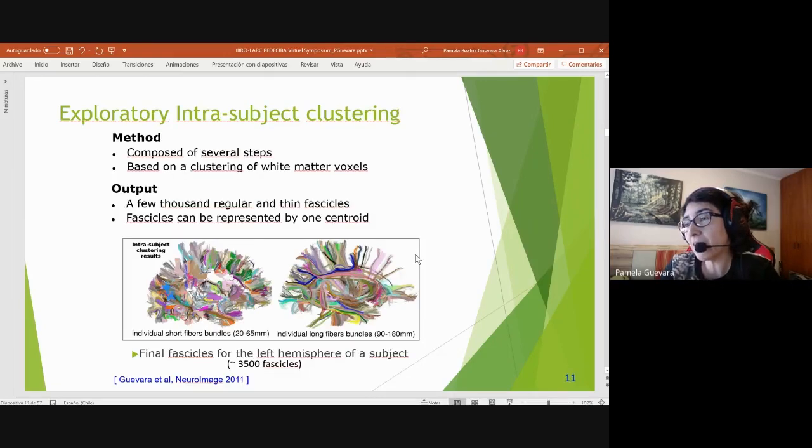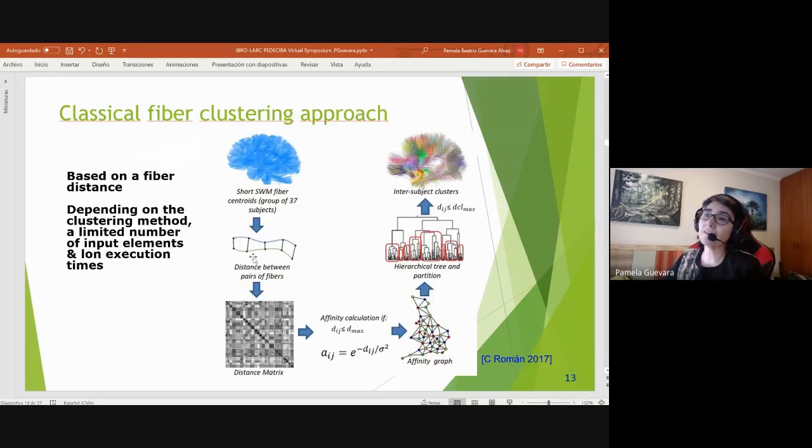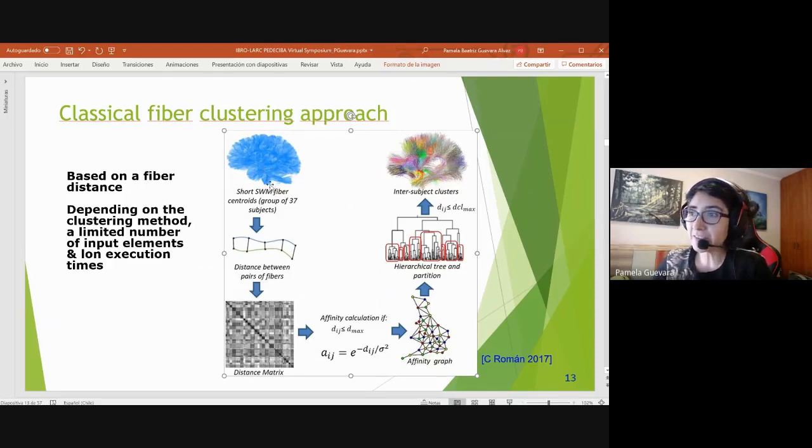Okay, so we have created a first clustering, and what I want to show here is how a clustering works. Clustering uses the information, the fibers in this case, and needs the calculation of a similarity between the elements.